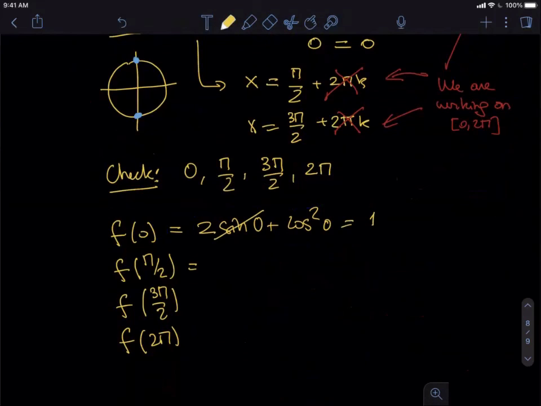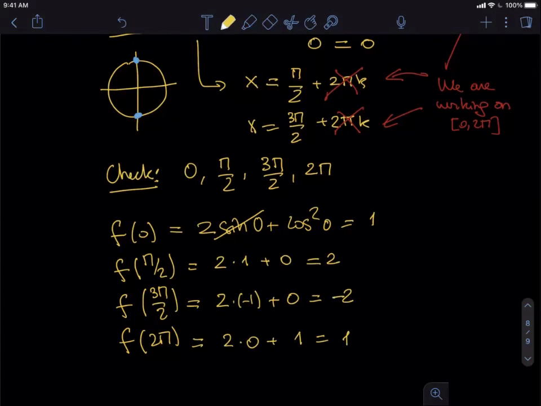At pi over 2, the sine is equal to 1 and the cosine is 0, so that's 2. At 3 pi over 2, it's the opposite. The sine is negative 1 and the cosine is 0, so this is negative 2. And then f of 2 pi: the sine of 2 pi is equal to 0 and the cosine is equal to 1.